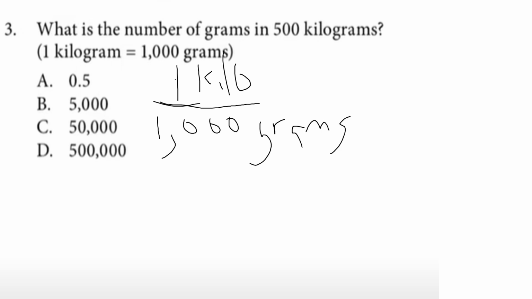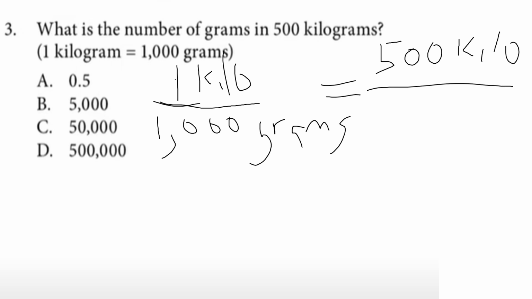And because we're going to use a proportion, and that actually says grams, excuse my bad penmanship. So we're going to do equals, and we know we have 500 kilograms, but we don't know how many grams, so we're just going to put an X right here. X grams.